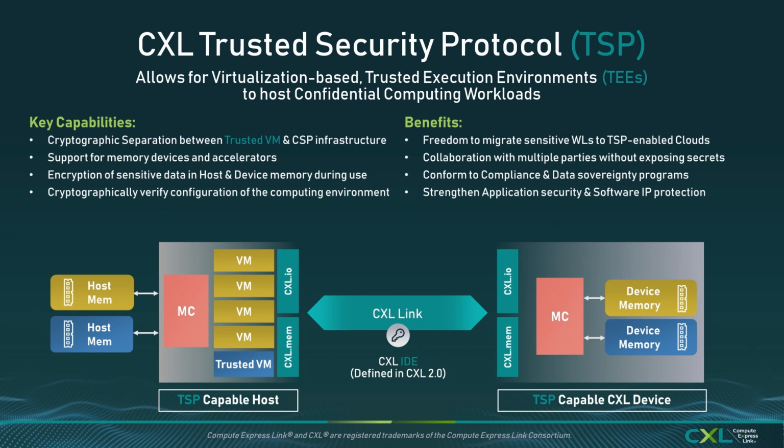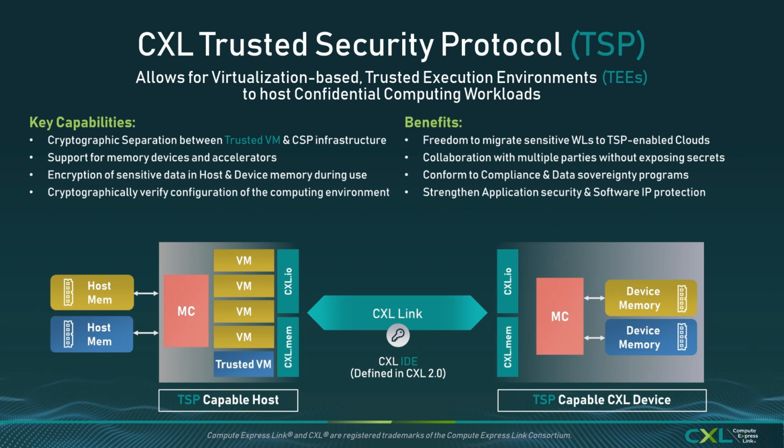So if you look at a memory device here, it has two sections. One section is used by the regular VMs, and one section of memory is cordoned off for the use of the trusted VM, and that provides all the security guarantees and assurance that we just talked about. Between the two, the CXL link that transfers data supports encryption and integrity protection, as well as replay protection, called CXL IDE, which was introduced in CXL 2.0.